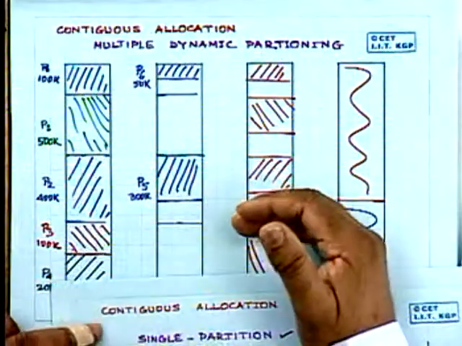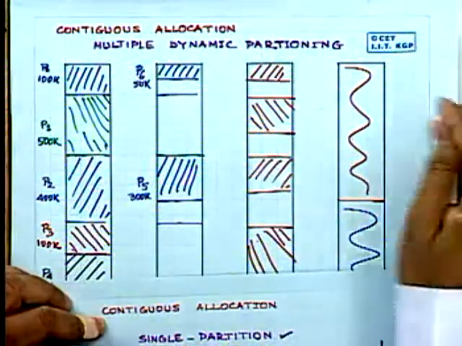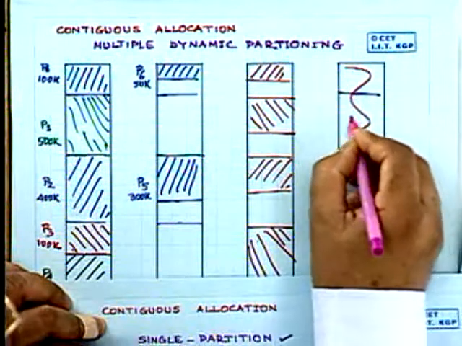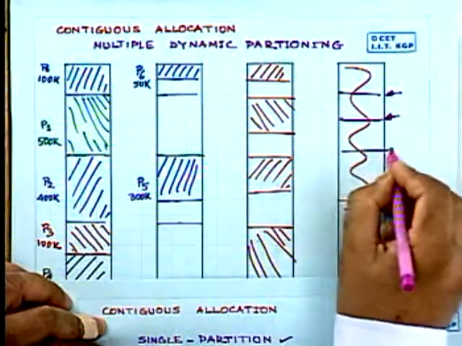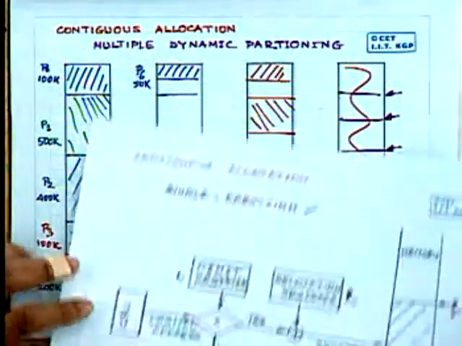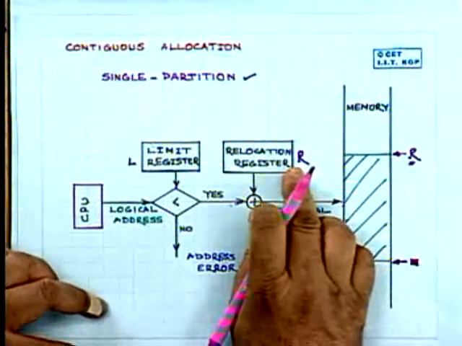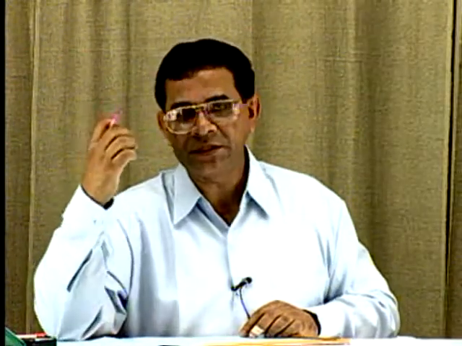And you can see that compaction is not much of a problem, as long as we know from which memory location every program is starting. That means we know the relocation register values and accordingly change them in the operating system table as we shift the programs.